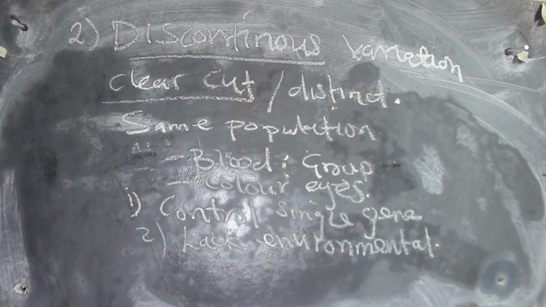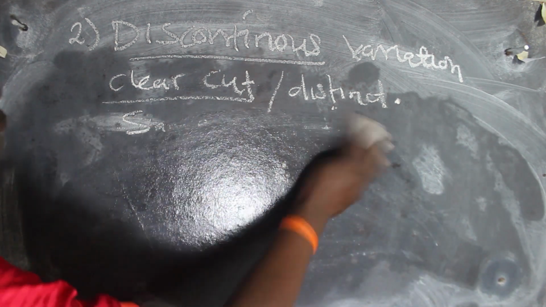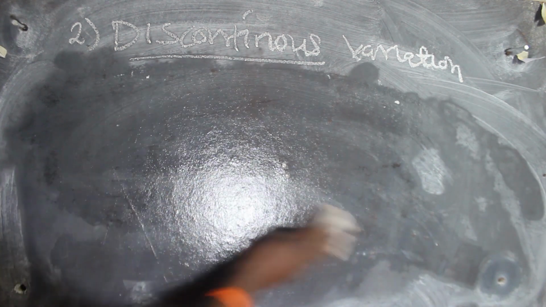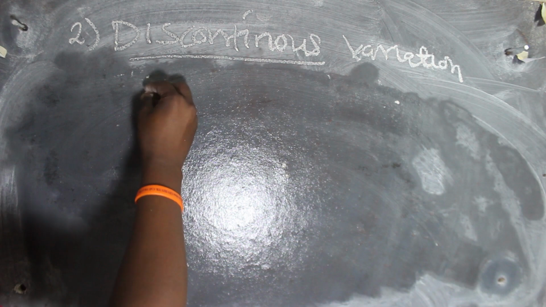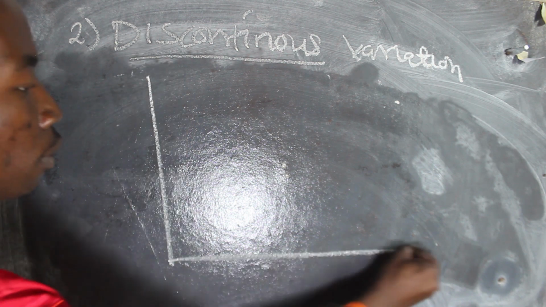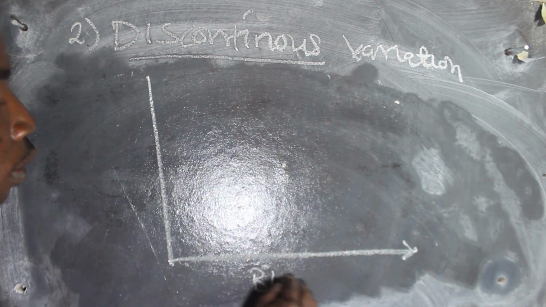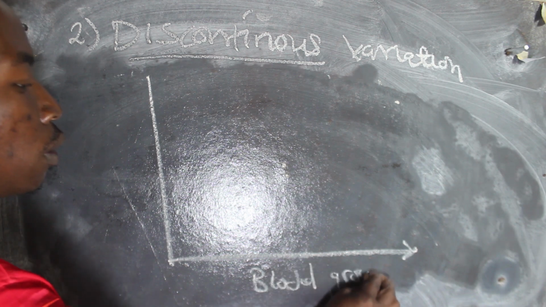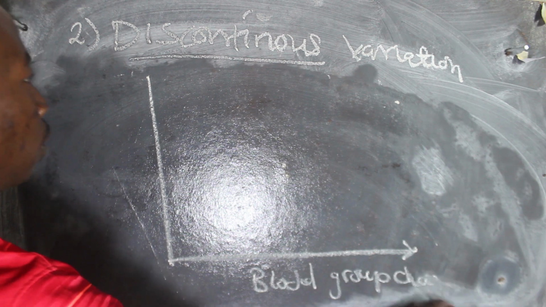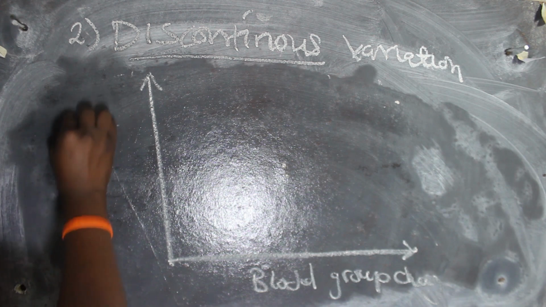Ideally, similar to what we did with continuous variation, we will also present this on a graph. The common example is blood group. Here we can have blood group, and this is the number of people or the number of organisms.